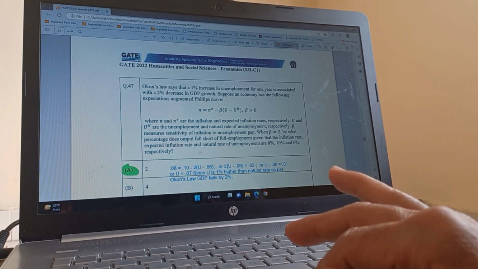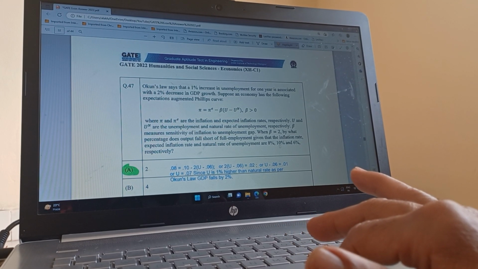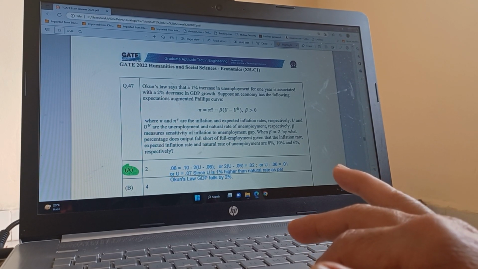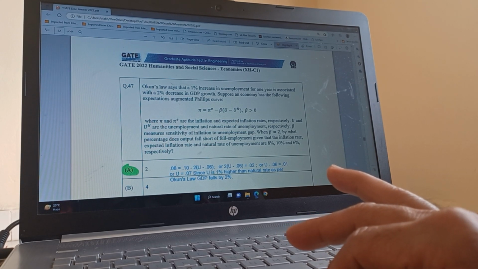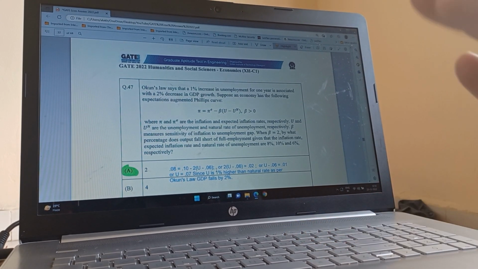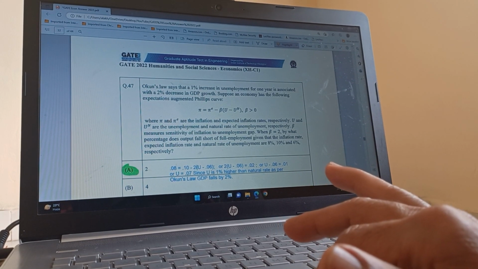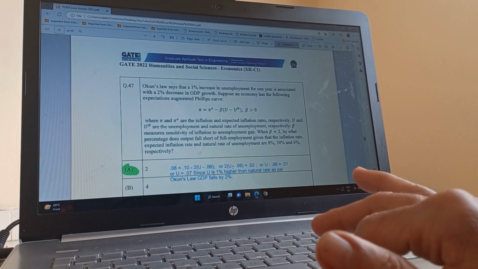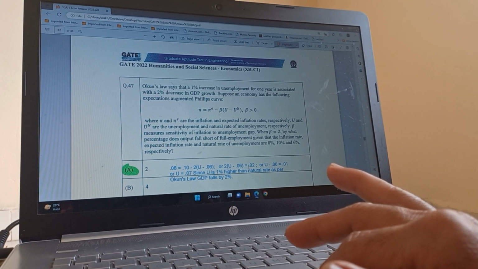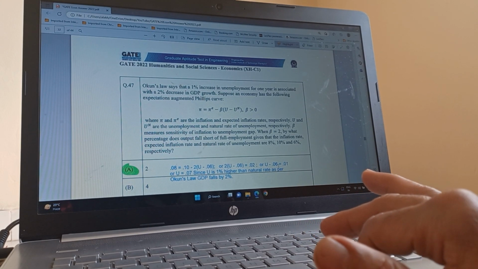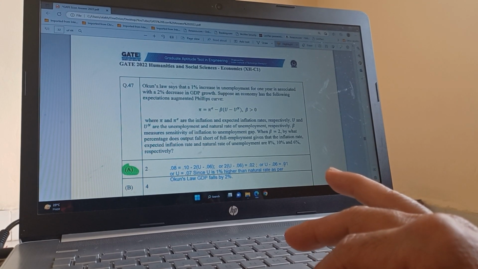Inflation is 8%, so I put 0.08, and 10% is the expected inflation pi e, so I put 0.10, minus this beta value 2 times (u minus 0.06). This gives us 2 times (u minus 0.06) is equal to 0.02. So u minus 0.06 is equal to 0.01. That's how I calculated.